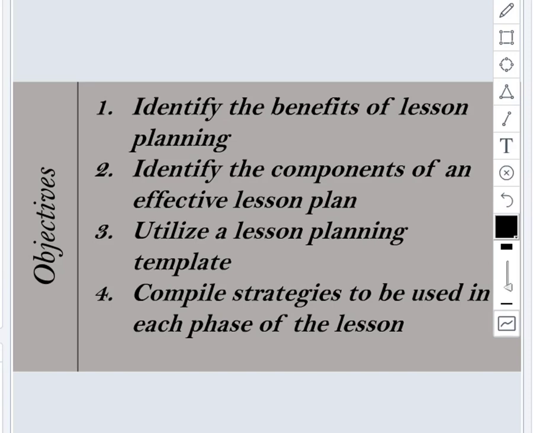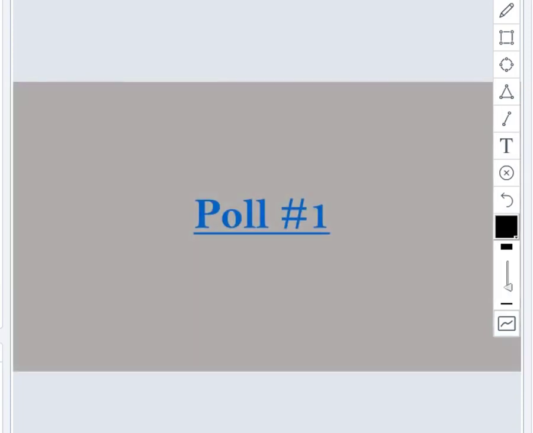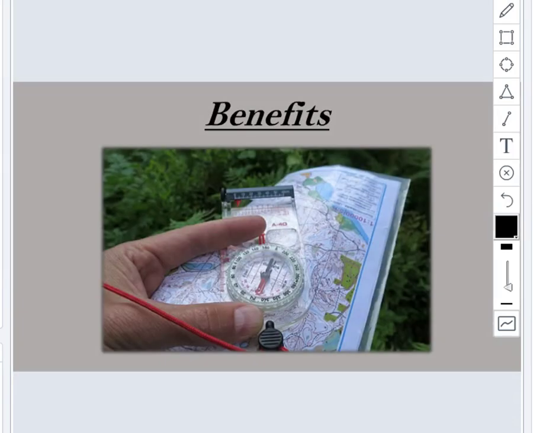If not, I have a small collection of strategies that you can use for each phase of the lesson template that we're going to be talking about today. I did have a couple of polls, so we'll skip through those and go ahead and start talking about the benefits of lesson planning.